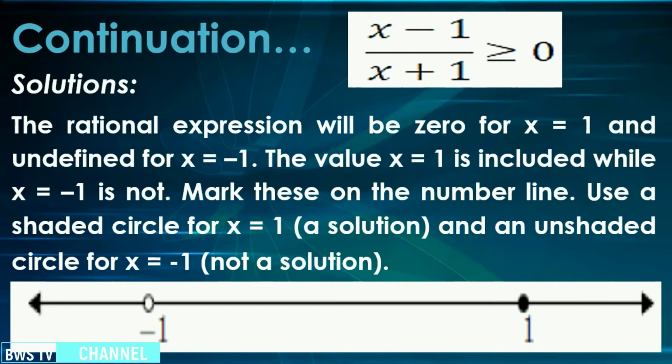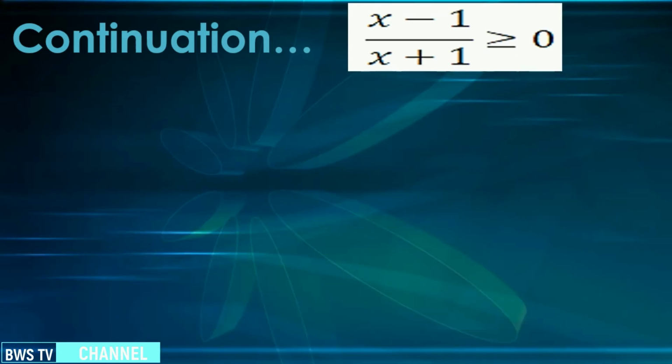And then, let's continue. Now, we need to be specific as to what are the values of x that will satisfy the given inequality. We only determined negative 1 as not part of the solution, and we also determined that positive 1 is part of the solution. But what are those numbers starting from positive 1 and also from negative 1?